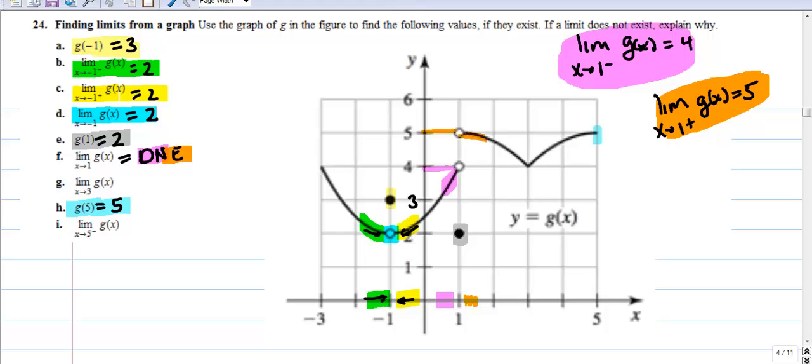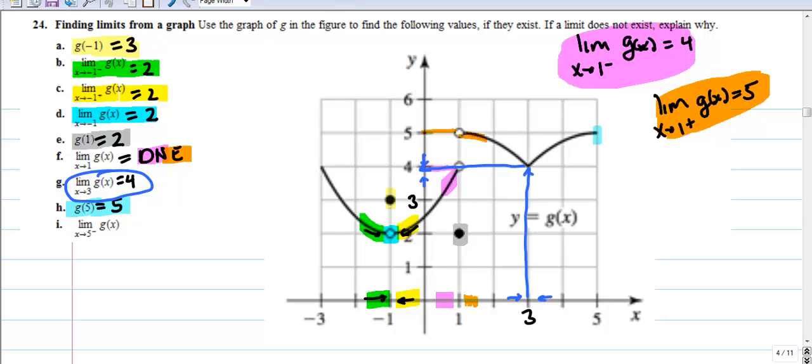All right, the next one is the limit as x approaches 3. So 1, 2, 3. As I come close to 3 on this side, the function's graph gets close to 4. So this equals 4.